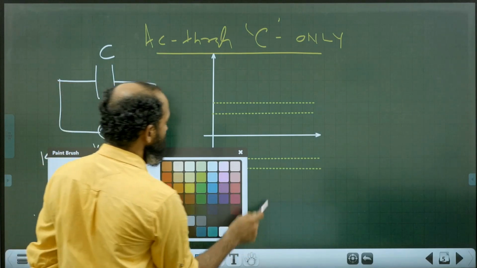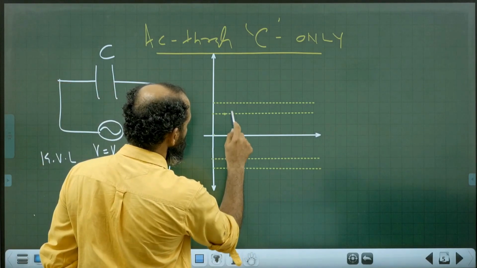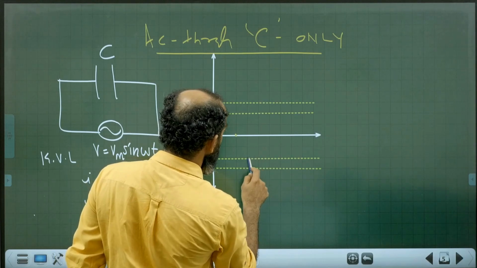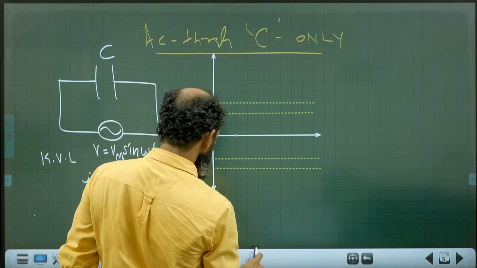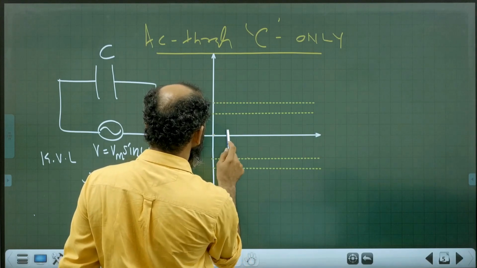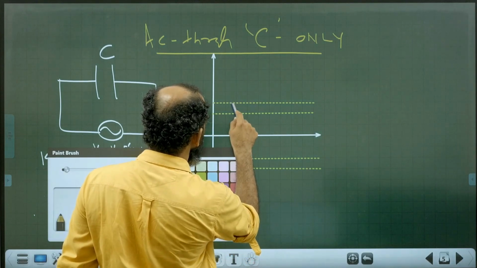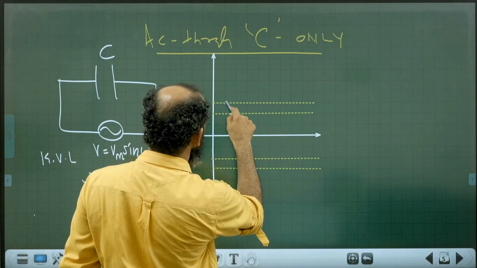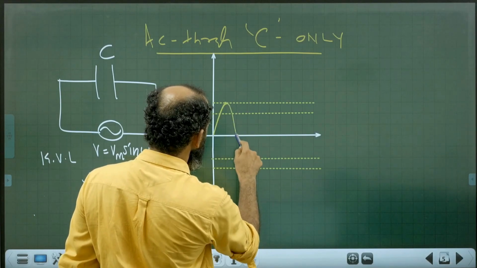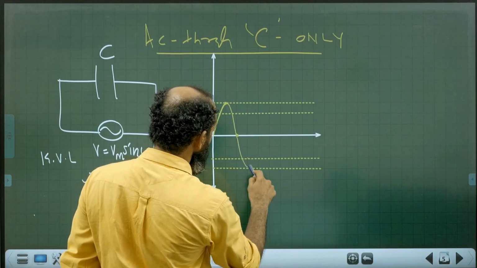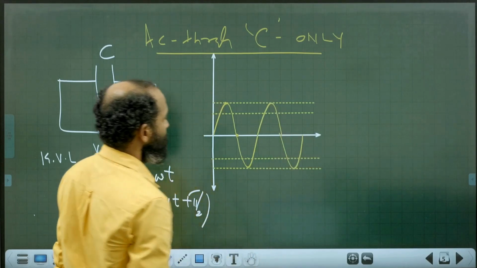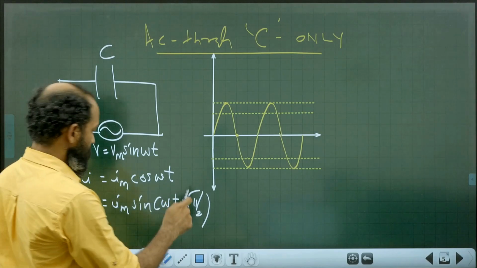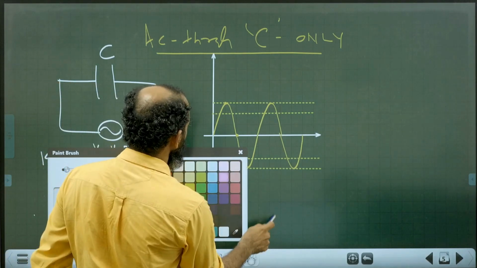Okay, voltage variation, like this. Variation of voltage with the time. Now variation of current with the time.